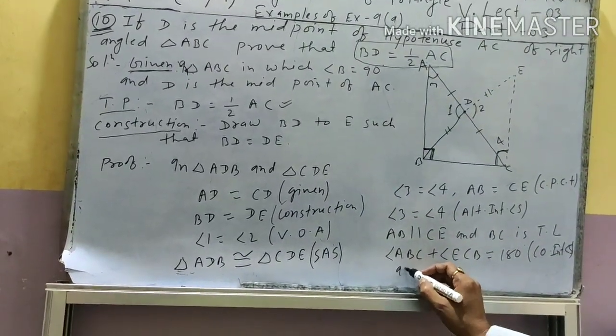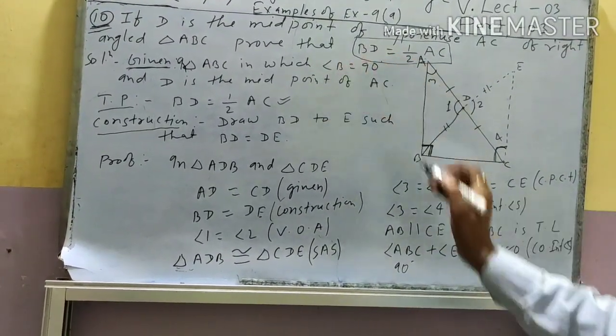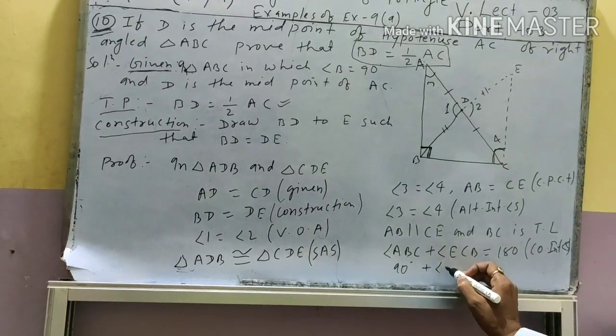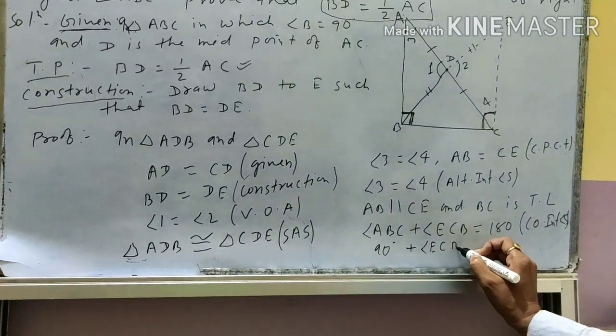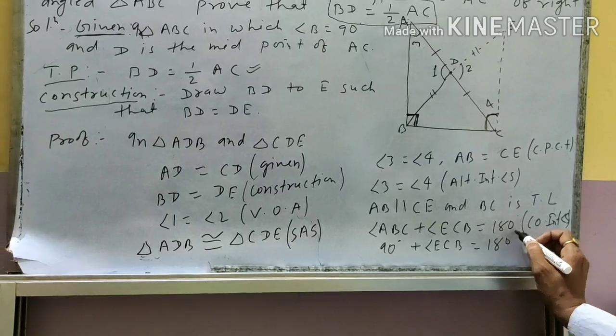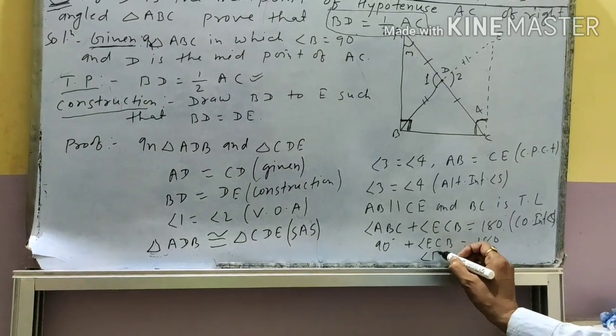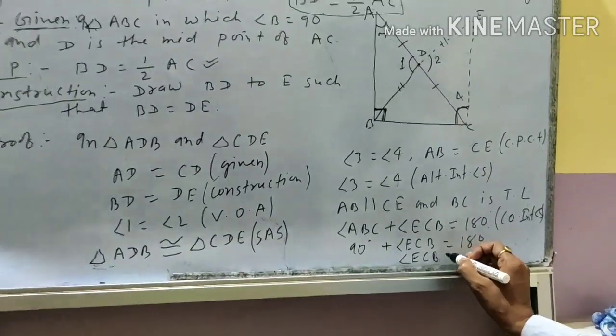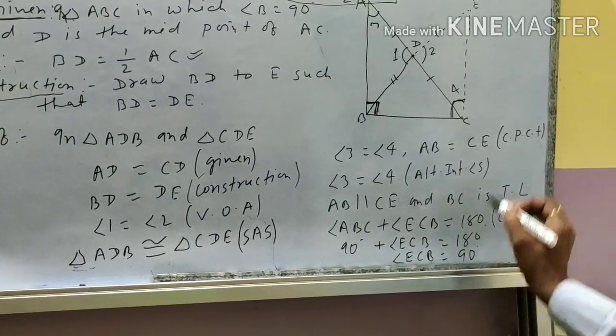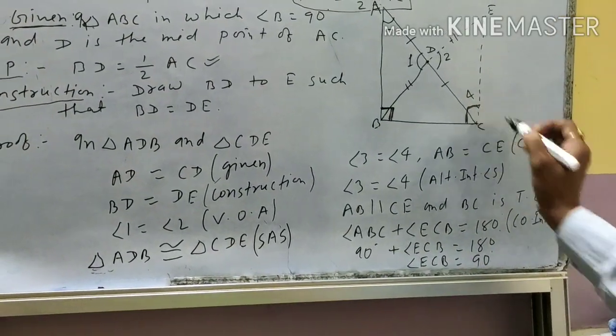This angle is 90 degrees, given here, plus angle ECB is equal to 180 degrees. So angle ECB is equal to 90 degrees. So this angle is also 90 degrees.